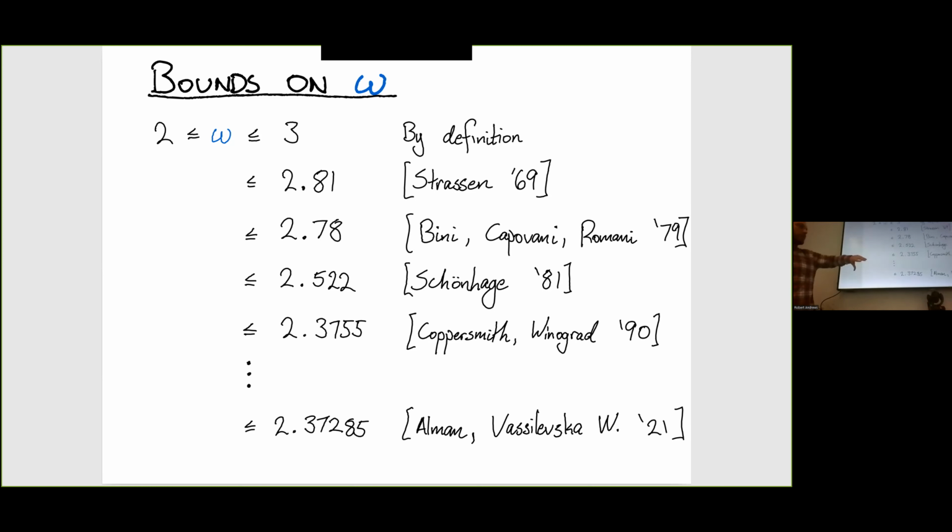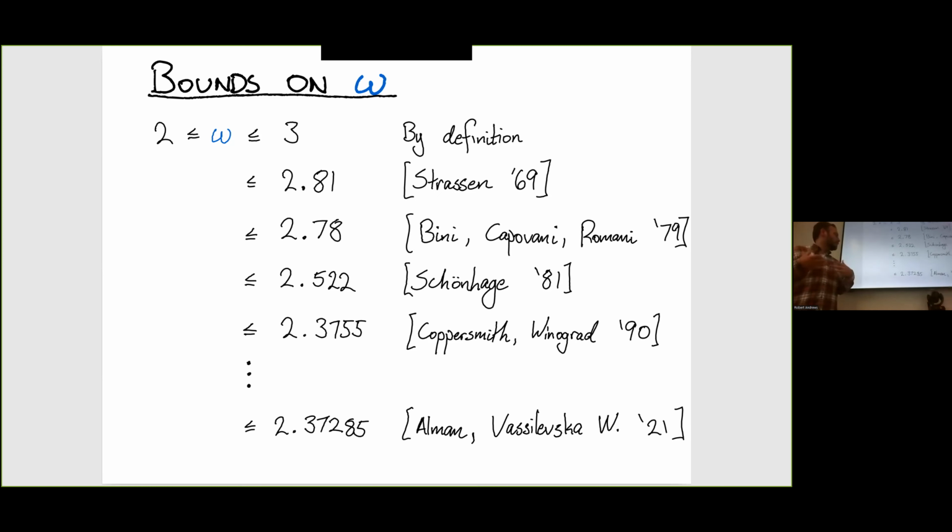This is not a full list of works on matrix multiplication, just some key points along the way where the exponent dropped even further. And right now, the world record sits at about 2.372 and some change by Alman and Vassilevska Williams from just a few years ago. So, this is all nice.